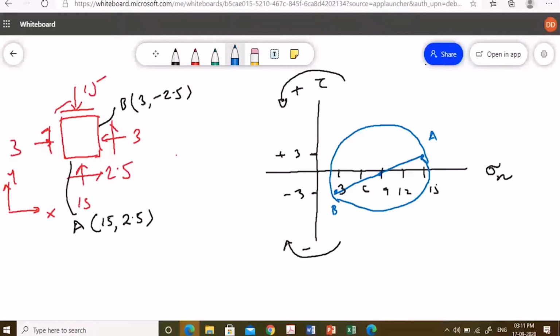That's it. Now if you remember, your sigma 3 was 2.5. This is this point, and this point was your sigma 1, and this was your sigma 3.